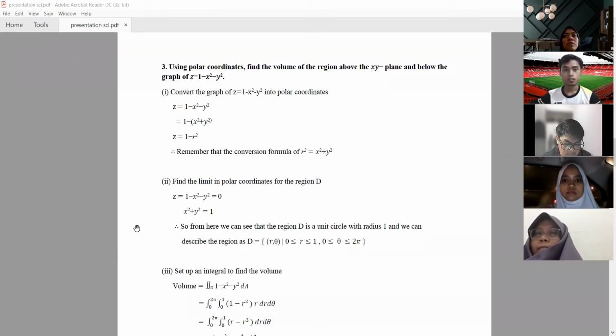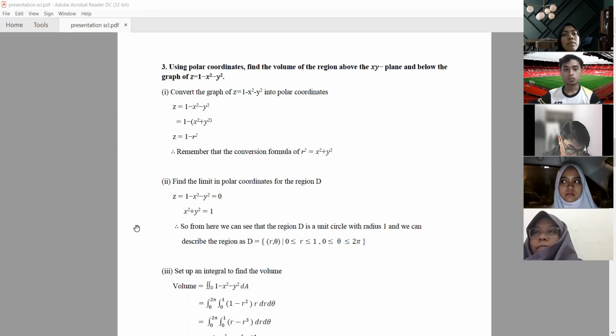Question 3. Using polar coordinates, find the volume of the region above the xy plane and below the graph of z equal to 1 minus x squared minus y squared. The first step is we need to convert the graph of z equal to 1 minus x squared minus y squared, which is in Cartesian coordinates, into polar coordinates.